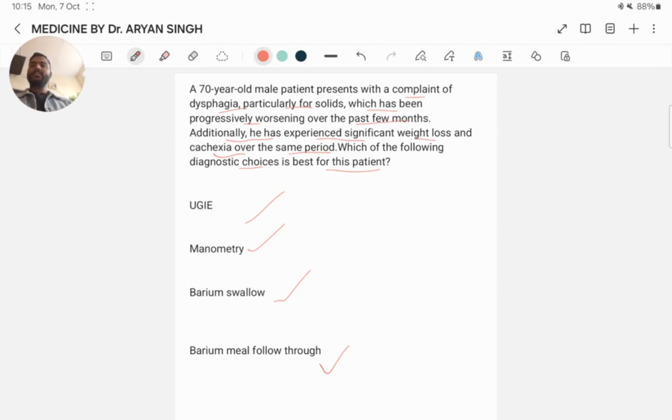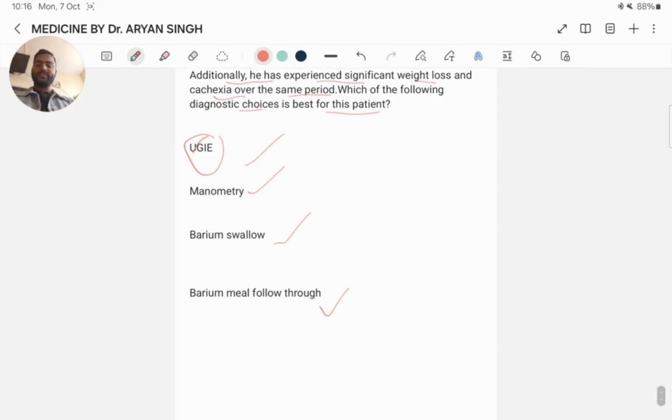CT scan of the chest and abdomen is used to detect the extent of tumor spread to the mediastinum and para-aortic lymph nodes. To summarize, upper GI endoscopy is the best investigation in carcinoma esophagus to identify the tumor and obtain a tissue biopsy to diagnose the disease, and CT scan is used to study the extent of tumor spread in the chest and abdomen.